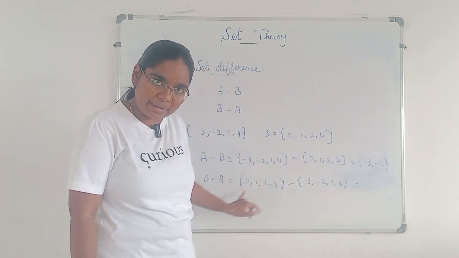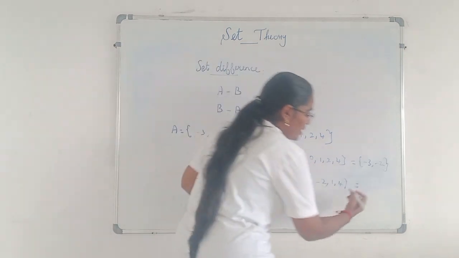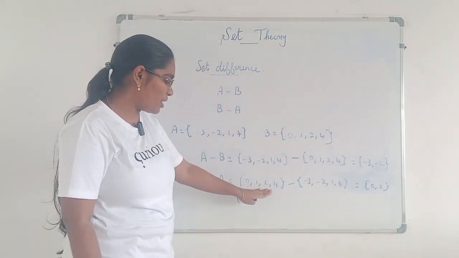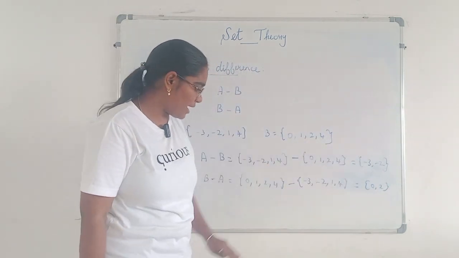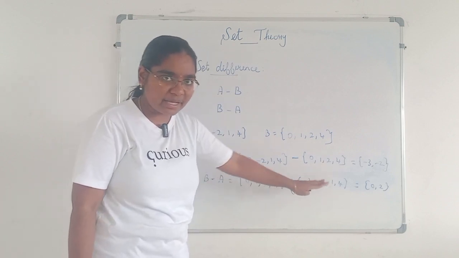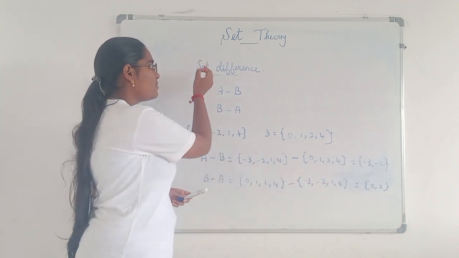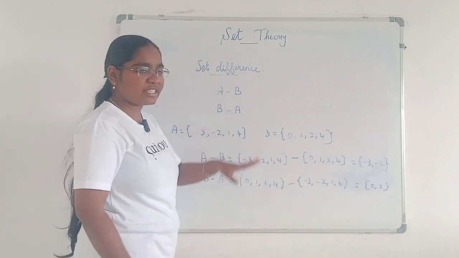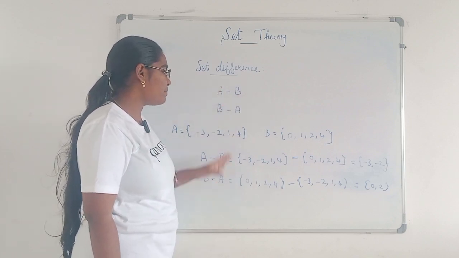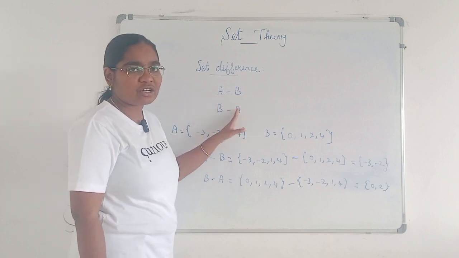This 2 is in B but not in A, so we will write 2. Final answer will be 0, 2. 0, 2 are in B but not in A. The other numbers 1, 4 are both in A and B, so we will omit those numbers. The concept of set difference is A difference B means the elements which are in A but not in B. B difference A denotes the elements which are in B but not in A.